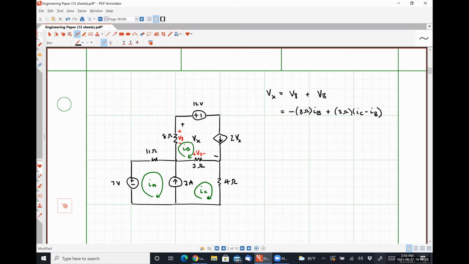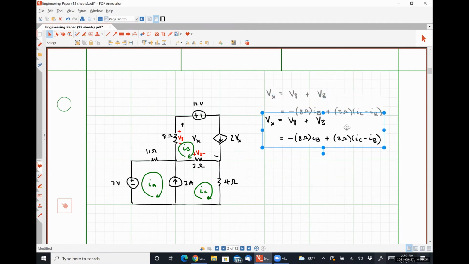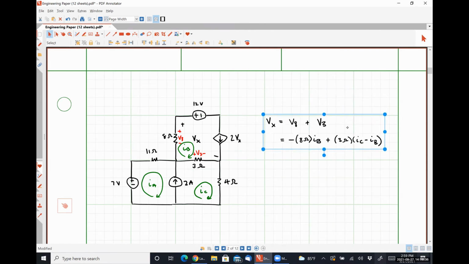So that's what I did to get that Vx is equal to V8 plus V3. Let me move this down a smidge, because I have enough practice to be able to do it in my head, but potentially there might be some confusion here. When I started in the bottom left-hand corner, I had negative V8 plus Vx minus V3 is equal to 0.